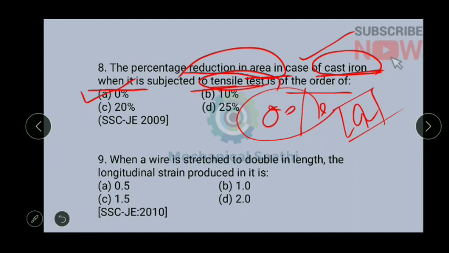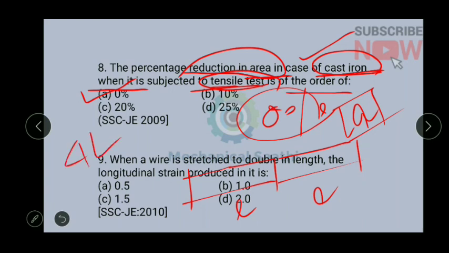Then question number 9. When a wire is stretched to double its length, what is the longitudinal strain produced in it? We need to find out the strain over here. Suppose a wire has length L and it is stretched to double, so we can say here del L is equal to L, and the original length is again L. So longitudinal strain, that is change in length by original length, is L by L, which will be equal to 1.